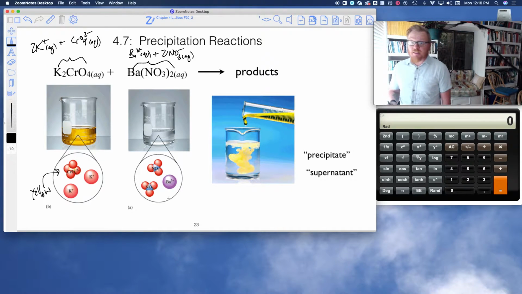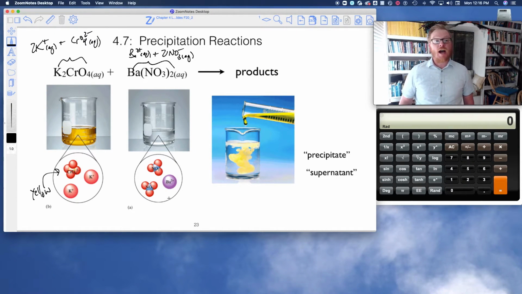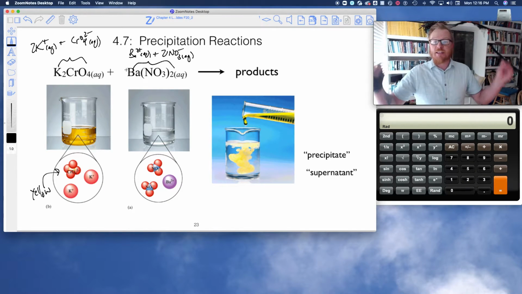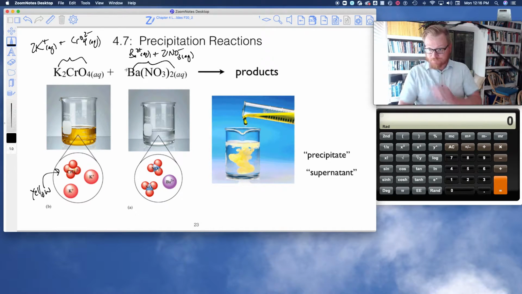In the reaction, this is one of those double displacement reactions that you talked about in your lab. What's going to happen when I combine these two things is there's going to be an exchange of ions. And the way we know that is because here is a picture of what happens.